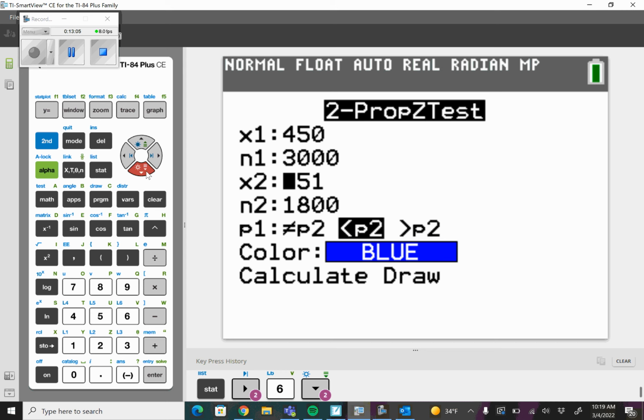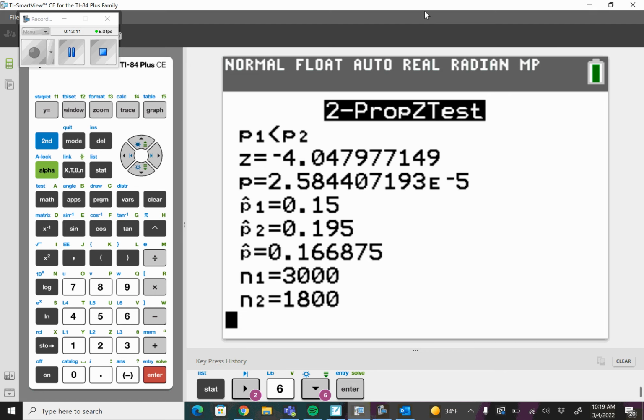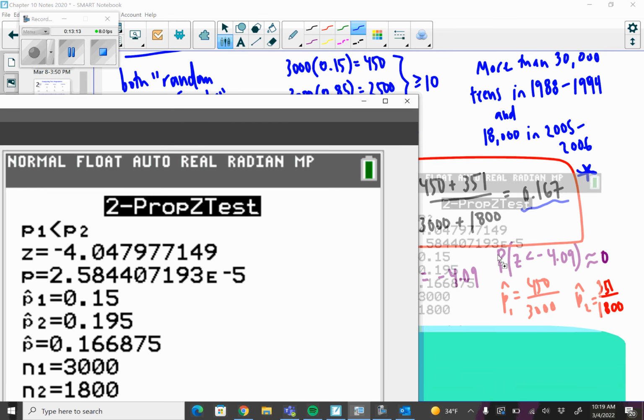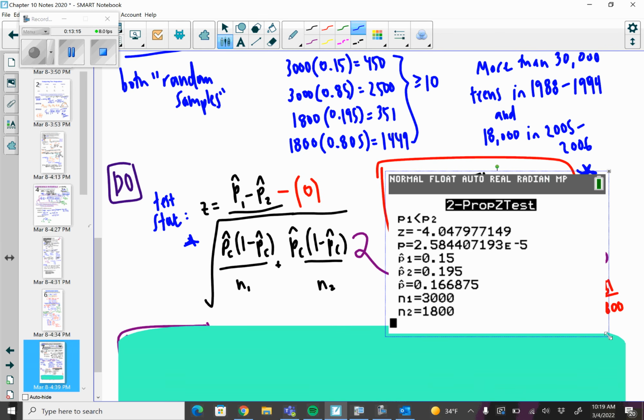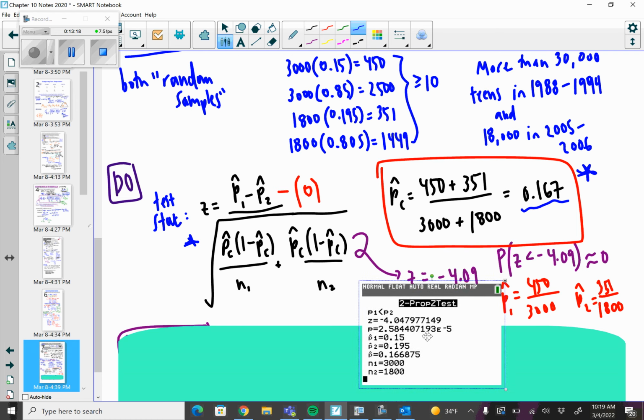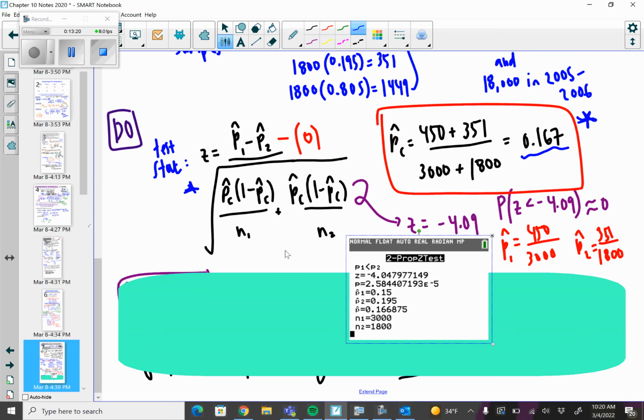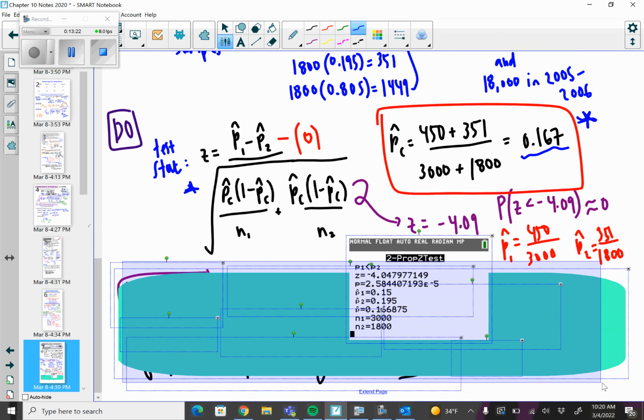Our alternate was that P1 is less than P2, and we are going to calculate. I'm going to drag this in so we can analyze all those numbers, because there's a lot of information that we are given, and I want to make sure we know what it is.